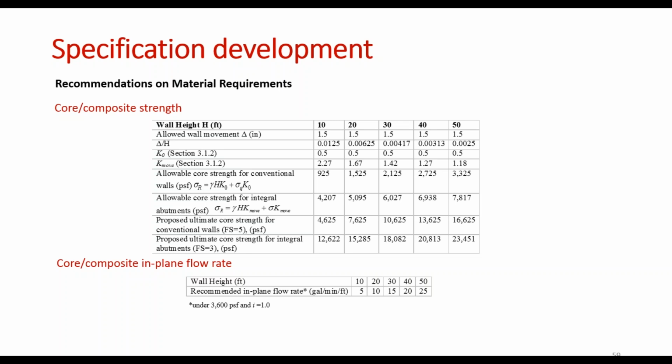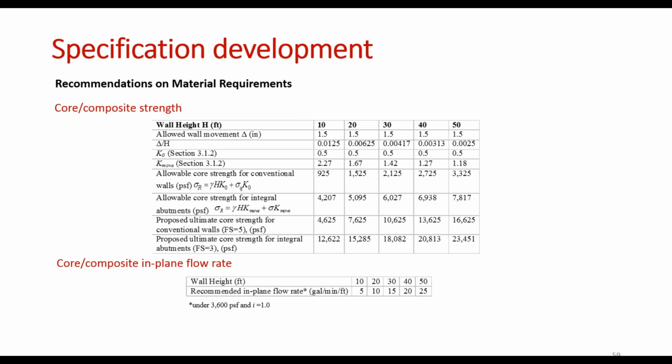We didn't separate different types of soil for the core strength. We just took one representative soil which has a friction angle of 31 degrees and a unit weight of about 18 to 20.